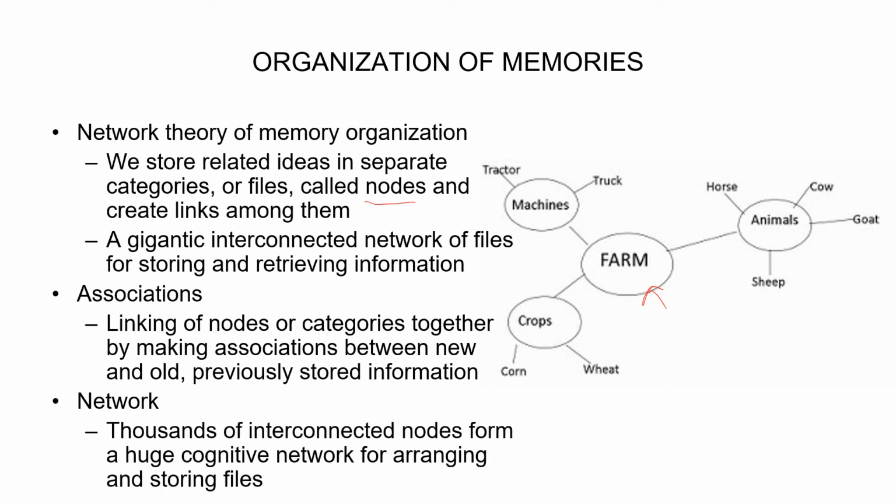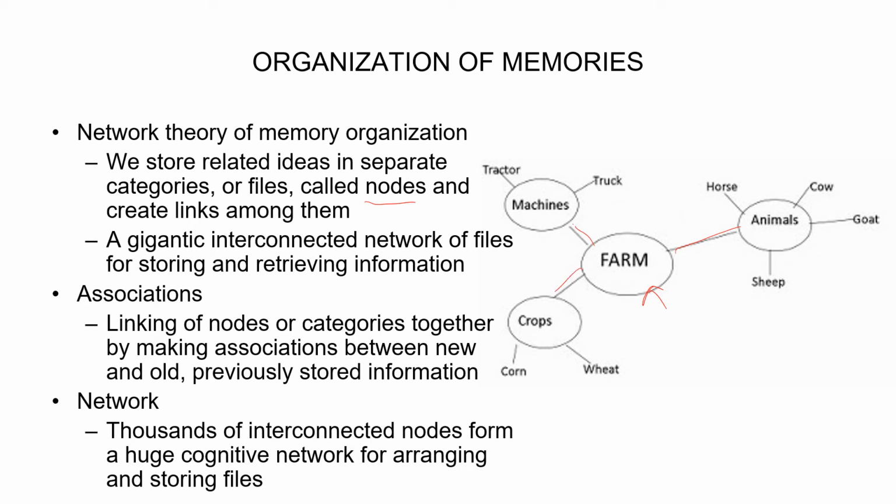And then this network is, again, I don't even like the word thousands. It's millions, billions of interconnected nodes forming a huge cognitive network for arranging and storing files. So we've got farm, but then we associate that farm with animals, machines, crops.